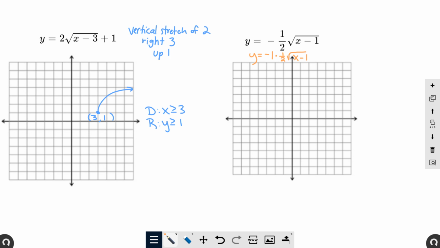So keep the negative separate from the 1/2. So what does the negative tell us? It's reflected. So the negative tells us it's reflected over the x-axis. What does the 1/2 tell us? It's a horizontal stretch.